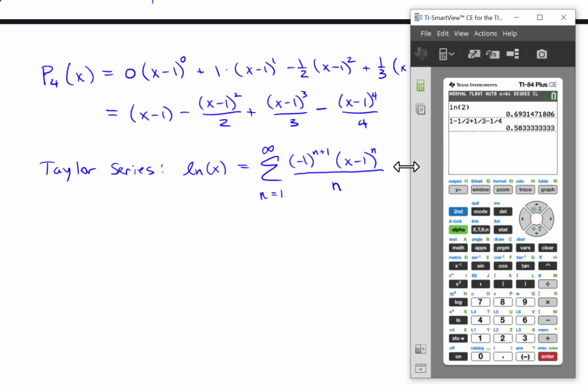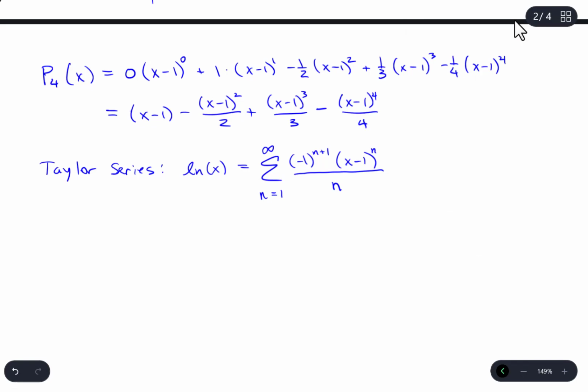Like if I took that value and added the next term, which would be 1/5, then I get a slightly better approximation. If I subtract the term after that, it's going to eventually lead us to this particular number. And ultimately, that's how calculators come up with these values.